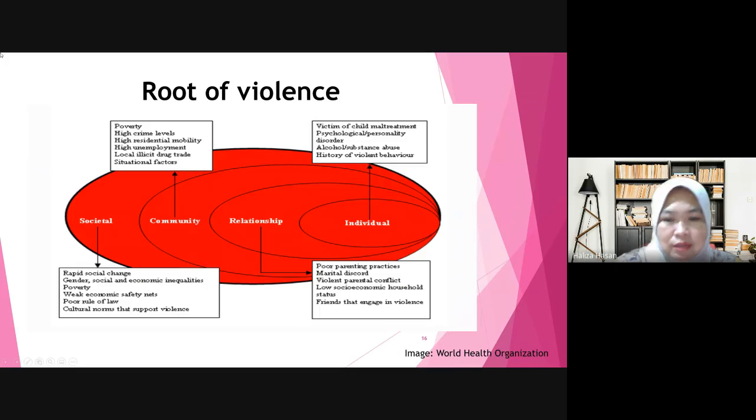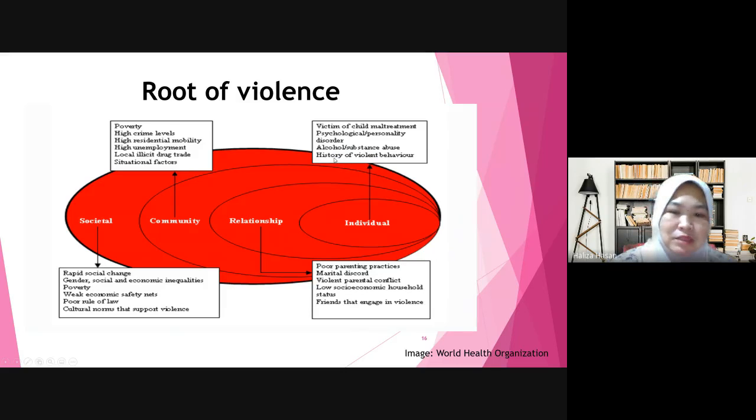Root of violence: individual, relationship, community, and societal. For the individual, usually a victim of child maltreatment, psychological or personality disorder, caused by alcohol or substance abuse, and also a history of violent behavior.